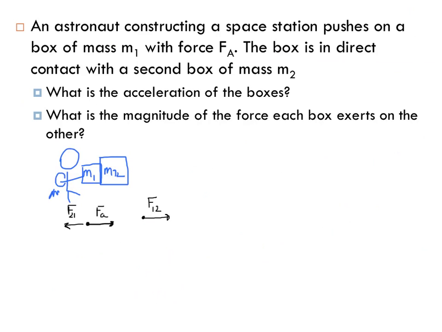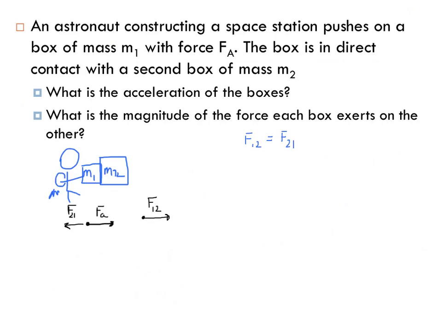From here, I can see that only two forces are acting on my first object, but one force is acting on my second object. Because they are in contact with each other, they're going to have the same acceleration. But I also know from Newton's third law that F12 is equal in magnitude, but opposite in direction to F21. And that's going to help us solve this problem a little bit later.